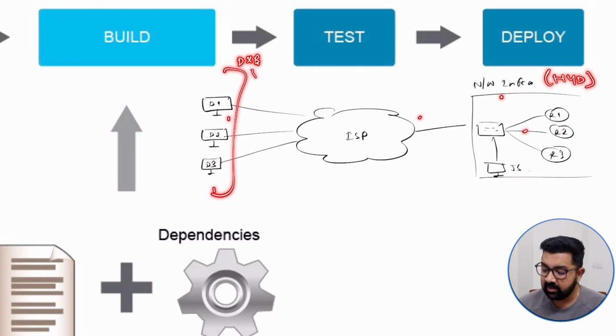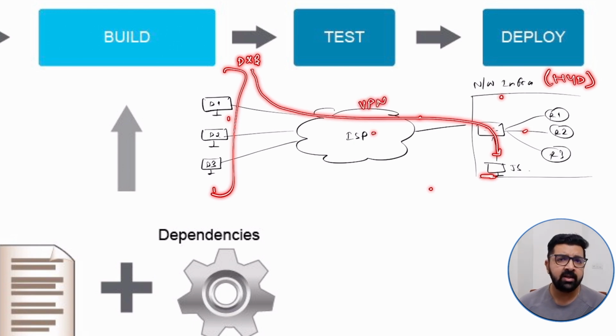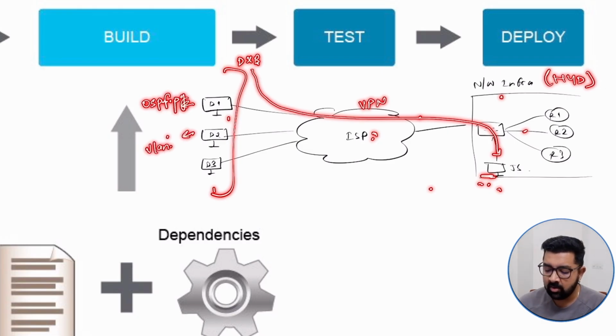The people sitting in Dubai would access this jump server using some remote access VPN or any other medium, and then they will copy the scripts that they have locally created. For example, this developer has created ospf.py, this developer has created vlan.py, maybe this developer has created bgp.py.